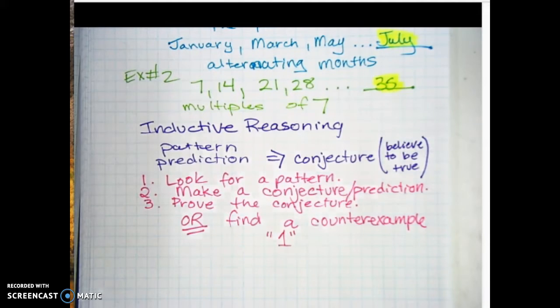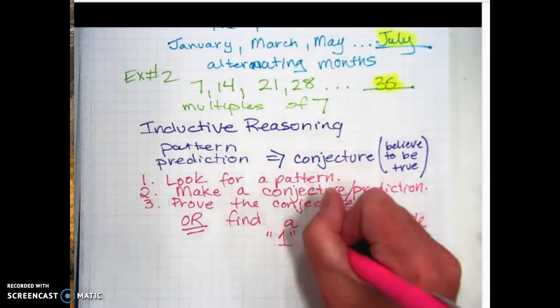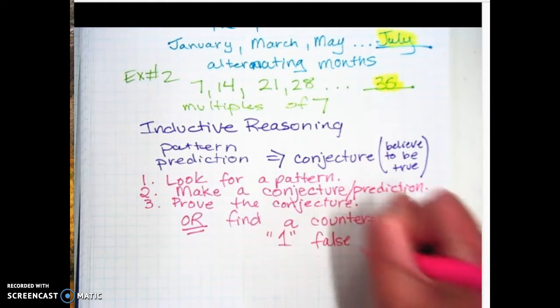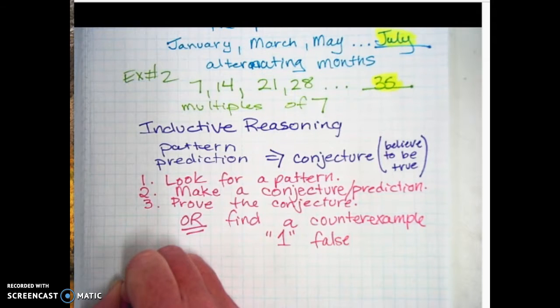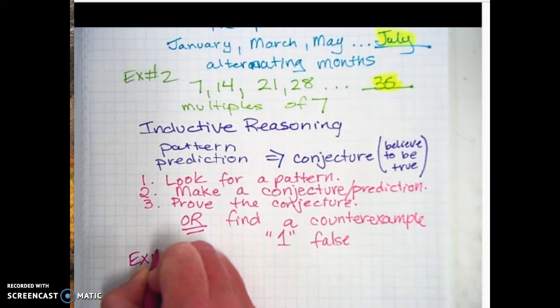One counterexample will make it false. If you can just find one thing, that will make your conjecture false. But if you can't find one, then it's going to be true. So here is an example, and it's going to seem weird at first, but we're going to see if we can prove it false.